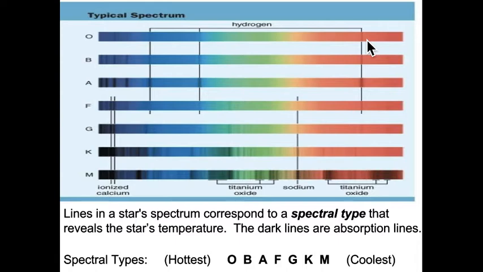And so that gives each star a unique spectrum, because the temperature will determine the spectrum itself. So notice, for example, with hydrogen being present in stars, the absorption is very faint with the O star, but very stark with the A star.